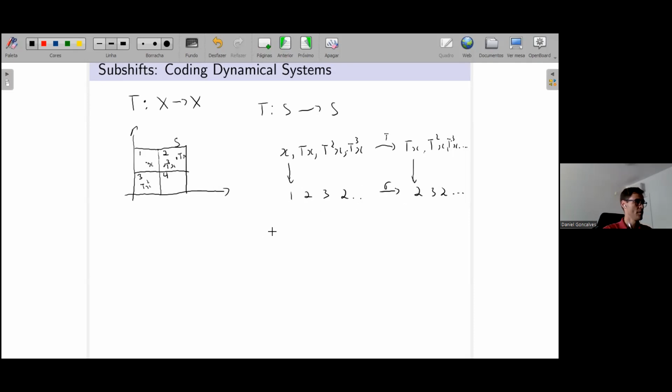It could be that this map is such that if I fall on 3, I will be forbidden to follow with 3. Once you're here on 3, you never fall on 4, or you never fall on 1. So you'll never see these forbidden blocks in your infinite sequences. You just have infinite sequences with 1, 2, 3, and 4, but these forbidden blocks will never appear. These are usually the subshifts.